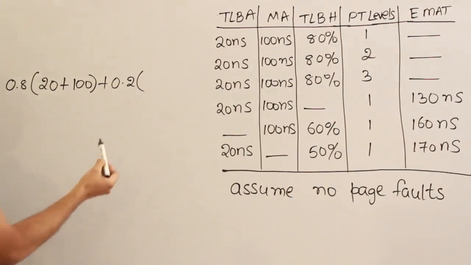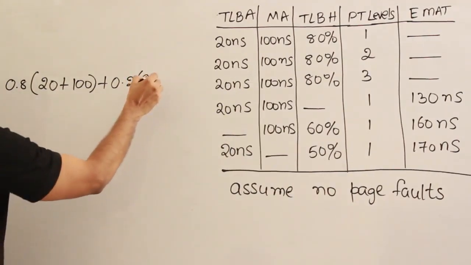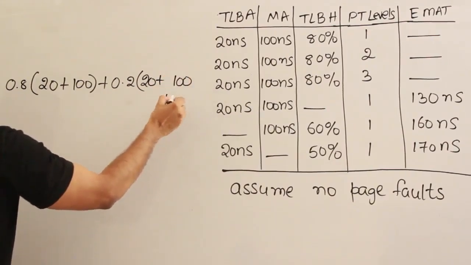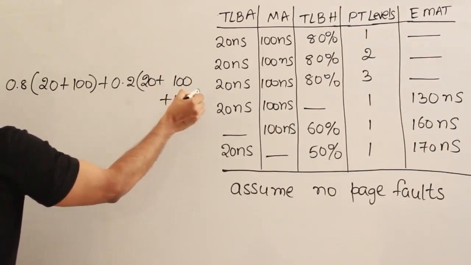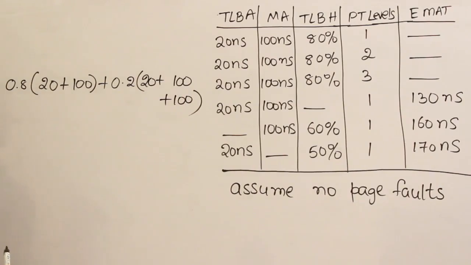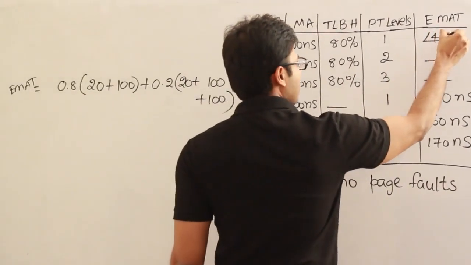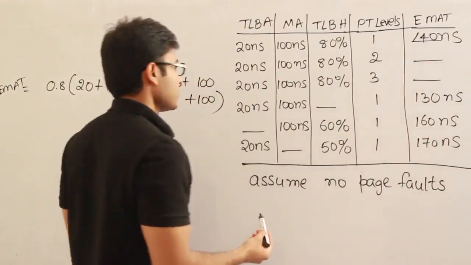Whenever there is a miss, we have to find out that it is a miss, then go and get the page table, and then finally access the main memory for the word. So this is the effective memory access time. If you solve it, you are going to get 140 nanoseconds. 140 nanoseconds is the answer for the first one.